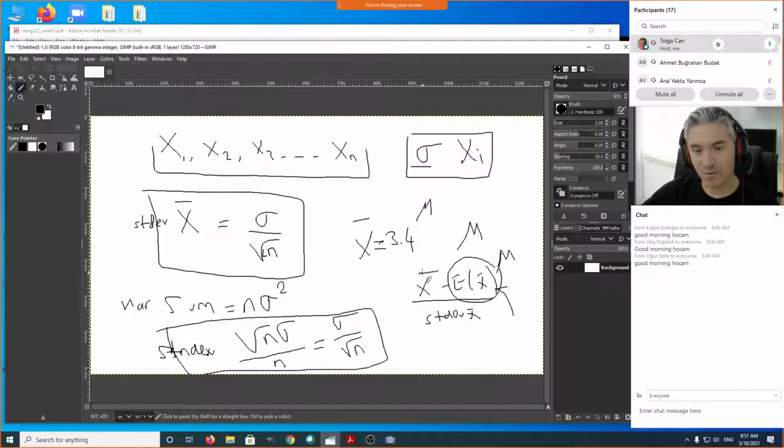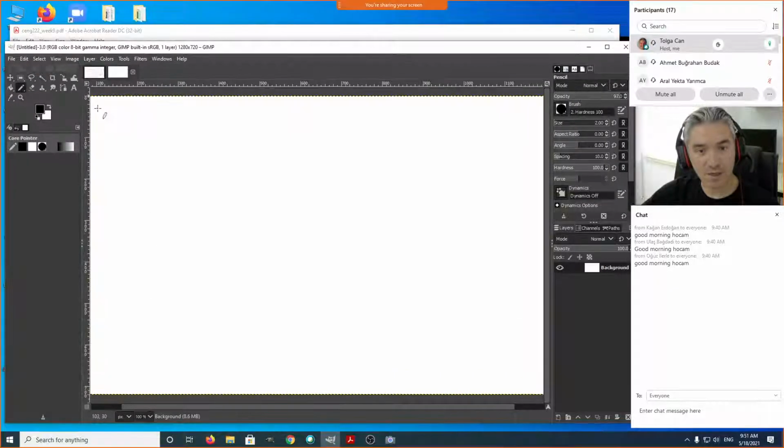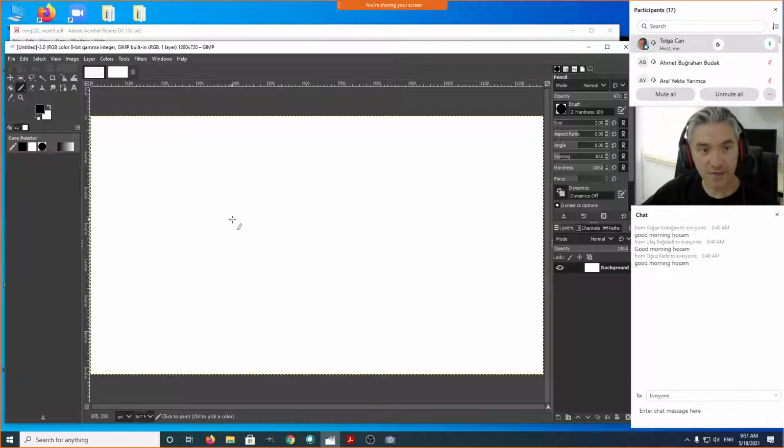So being this mu, when we standardize it, by looking at the standard normal table, we can generate an interval around 3.4.